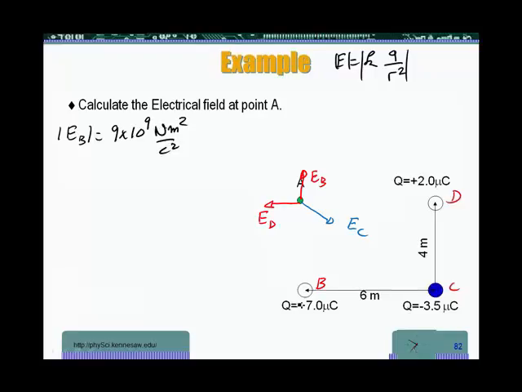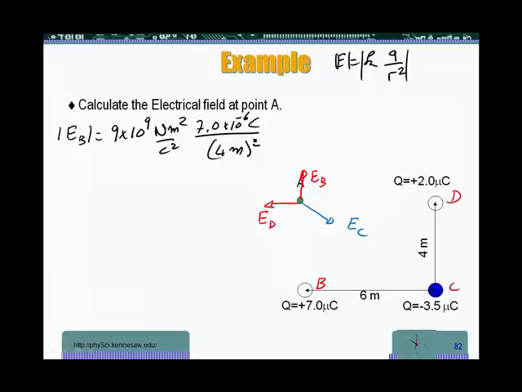And then Q, which is 7 times 10 to the minus 6 coulombs, over the distance separating B from A, which is 4 meters squared.